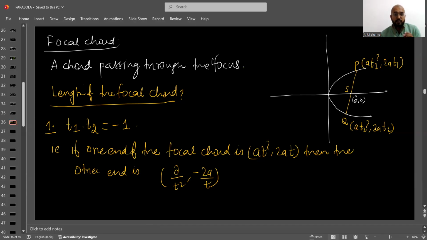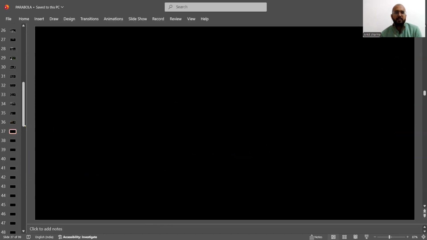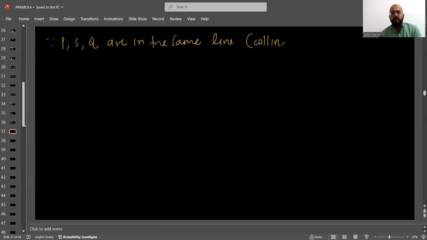So t1 into t2 is -1. For this, we can think over it: P, S, Q are in the same line, or you could say collinear, since they are on the focal chord.